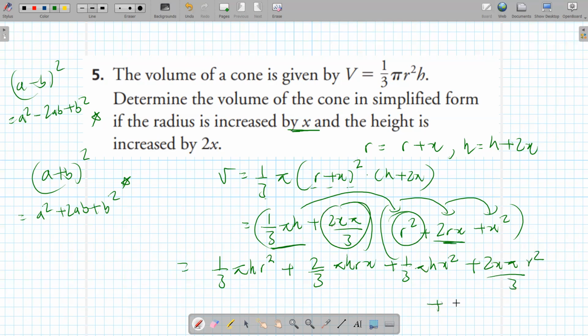This one and this one. 4 over 3 r pi. They both have an x, so you get an x squared. What's the final term? We're going to do 2x pi over 3 times x squared.